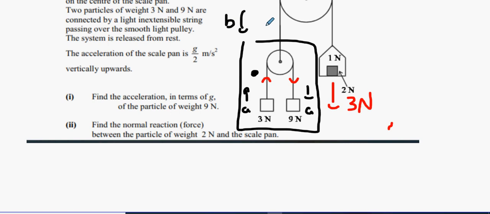How do you know it's going downwards? Now, it doesn't support all 12 newtons, you know that, don't you? All 12, it's in motion, so nothing is fully supported. What happens if you get it completely wrong? You get a negative answer where you're expecting a positive answer and you realise it's gone in the opposite direction.